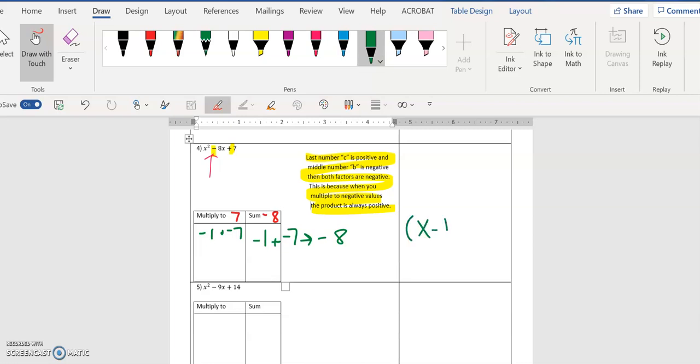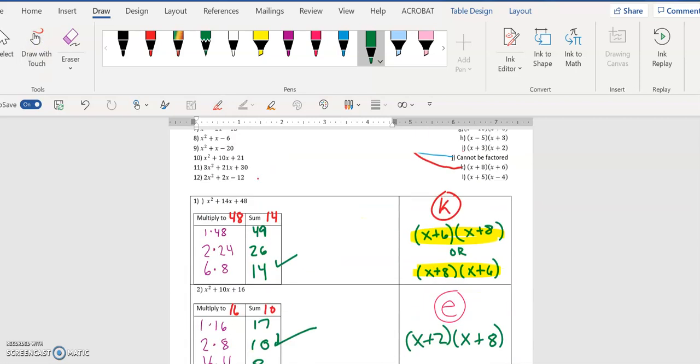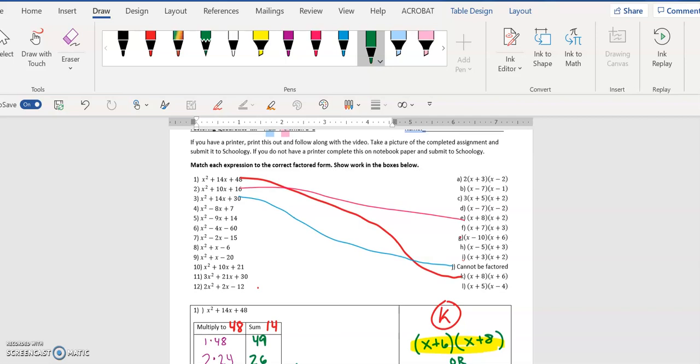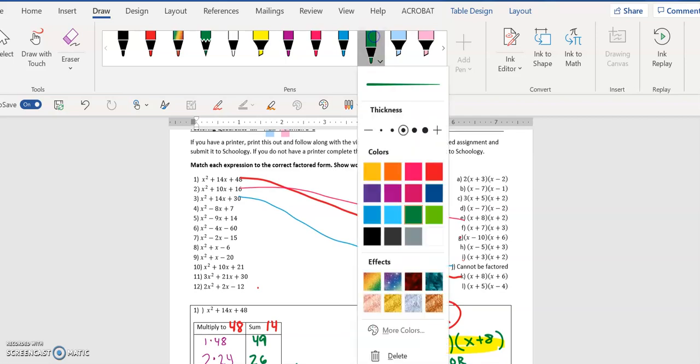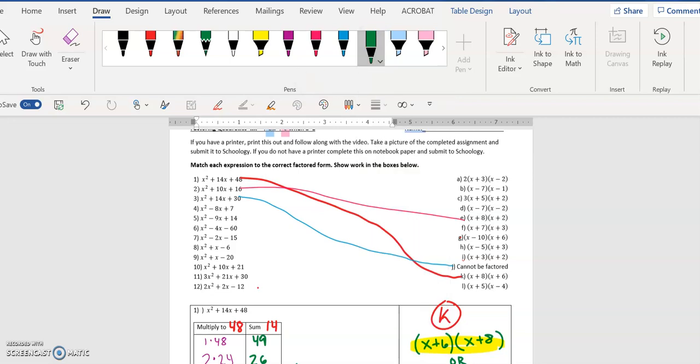We're just going to write them as subtraction signs. And there it is. Let's see which answer that matches with. x minus 1, x minus 7. Looks like it's going to match up with B. All right, very good. Let's continue.